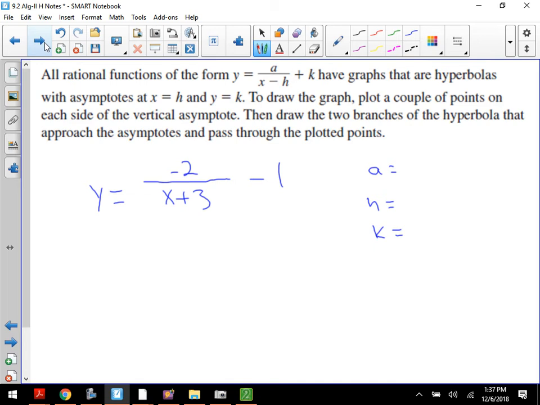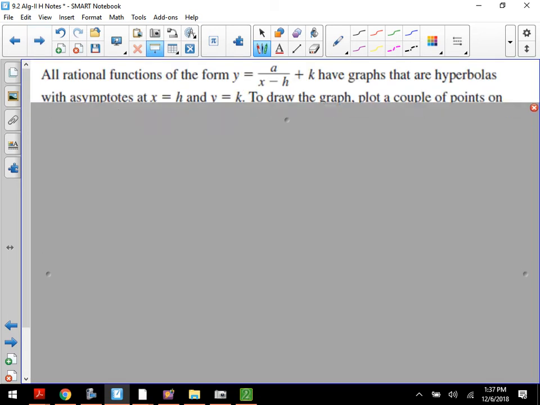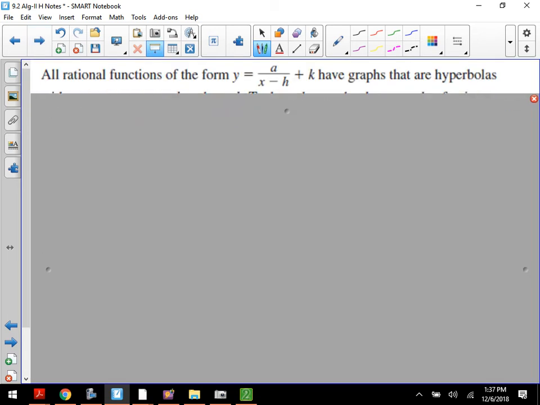The first type we'll look at is this, and I'll write it on the whiteboard as well. We're going to have two types of rational functions today.